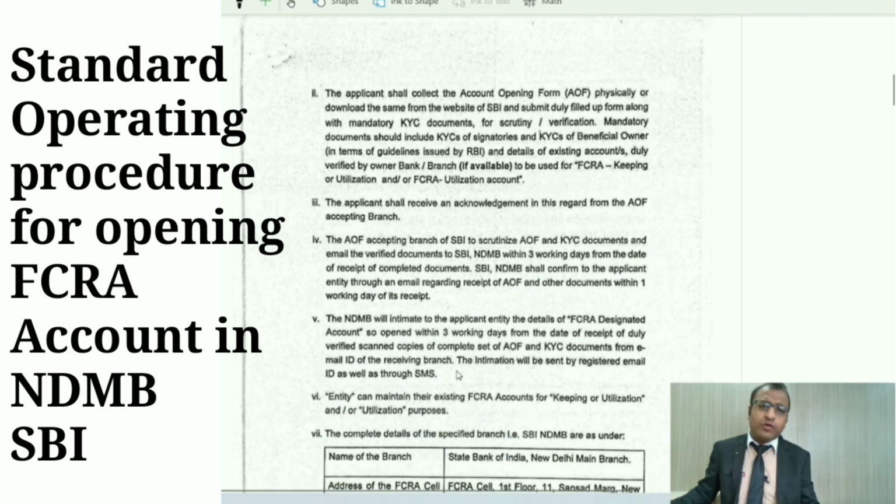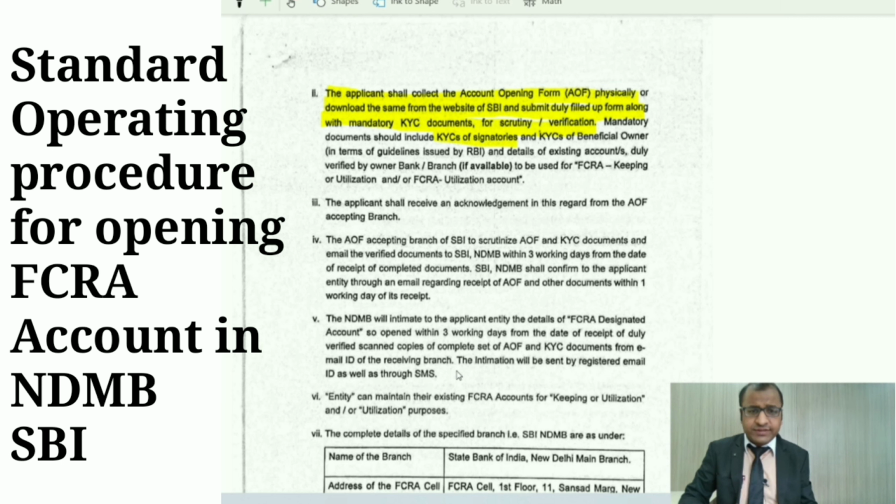So how will you open the account in the NDMB SBI? The applicant shall collect the account opening form physically or download the same from the website of the SBI and submit the duly filled up form along with the mandatory KYC documents for their verification. Now what are the documents in the mandatory KYC documents?